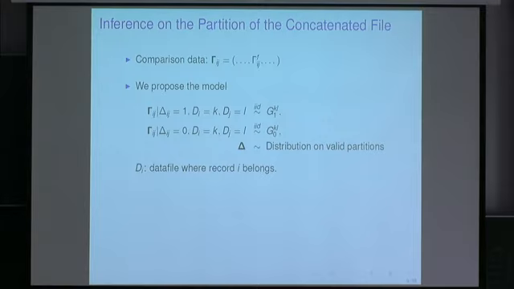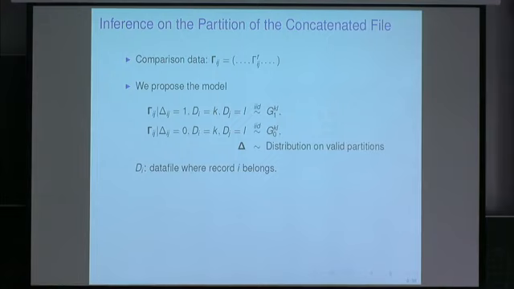What's different here, first of all, is that these distributions are indexed by the pair of files. What that means is that you're going to give a different treatment to pairs of records depending on which files they come from.